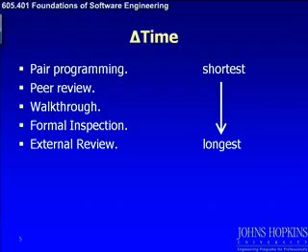Okay, so the shortest amount of time would be the pair programming because you almost instantaneously find the defects. Peer review is next. Walkthroughs are shorter, a little bit longer amount of time, and the amount of time that it takes to do the walkthrough is basically because you have to get a group of people together in a conference room. We'll talk about that in a second. Formal inspection is even longer time, and these external reviews are the longest time.